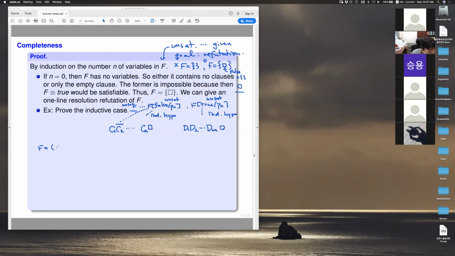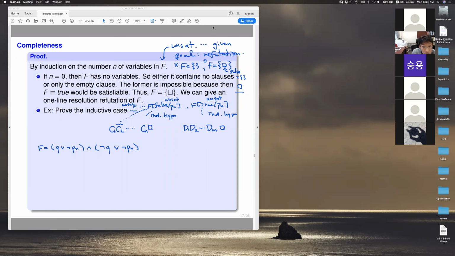So if you have F, say Q or negation of Pn, and negation of Q or Pn. Suppose we have a formula of this kind.